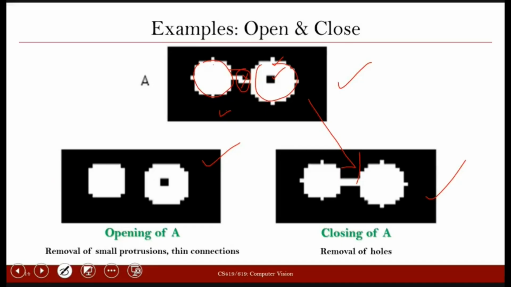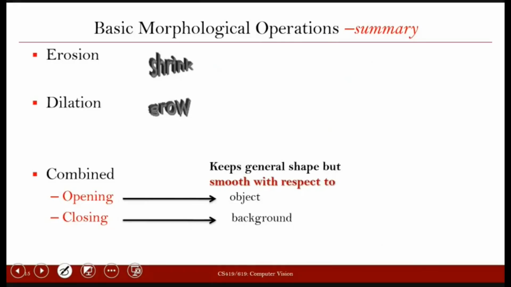And this is the output that we are expecting when we are performing opening on set A. So in summary, erosion shrinks the objects, dilation grows the objects, and when we combine erosion and dilation in a certain order, we are able to keep the general shape of the object, remove the noisy pixels, and fill the holes present in the image.